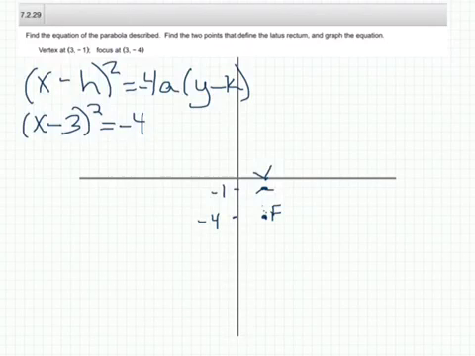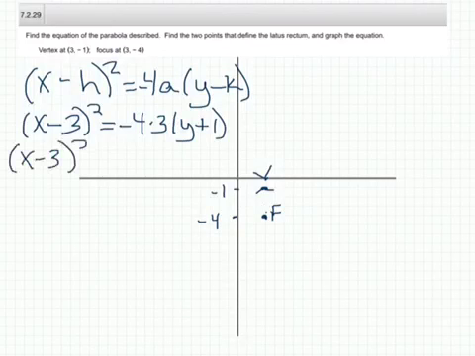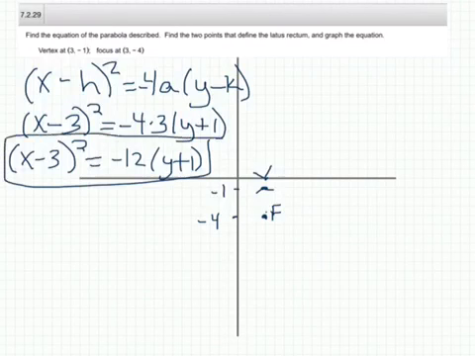So let me erase this in here. So since a is equal to 3, I'm going to do times 3. And then y minus -1 will be y plus 1. So that gives us the equation (x minus 3) all squared equals -12 times (y plus 1). Fabulous.